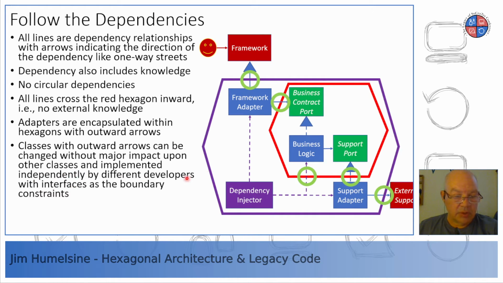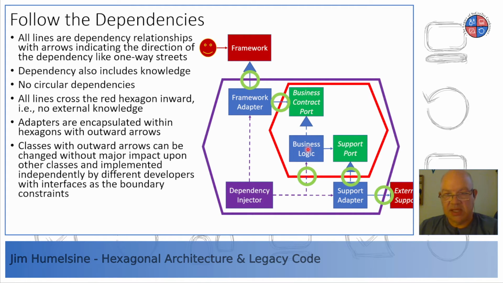And also the interfaces work as natural boundary constraints. So when I look at an interface, it really has 2 things to it. It's how it's being used and it's how it's being implemented. Once we have an interface that's reasonably stable, the team that builds the adapters and the team that builds the business logic can work in parallel.